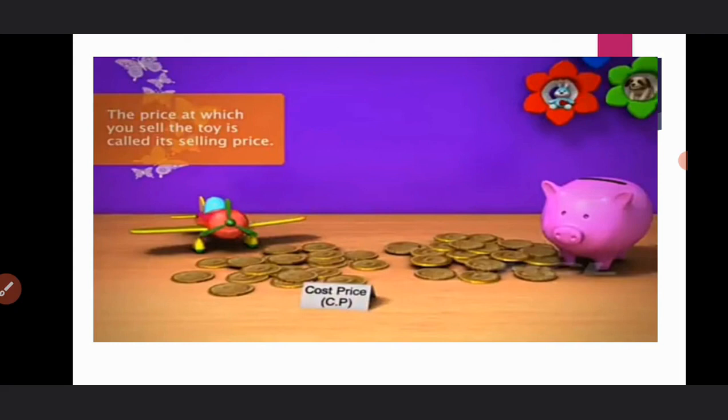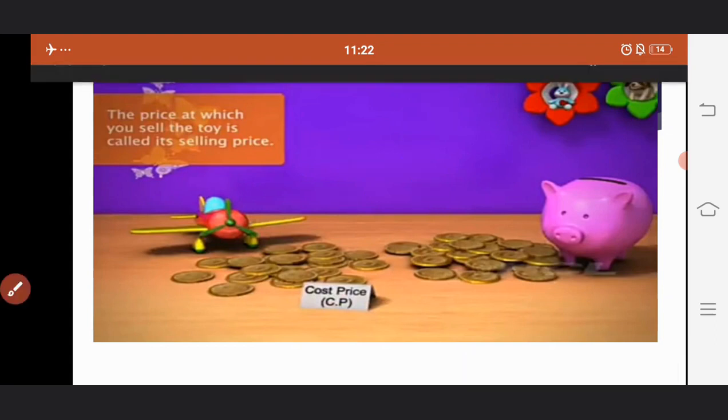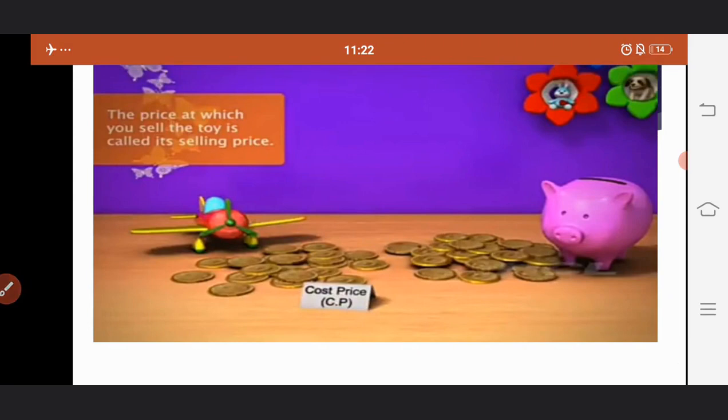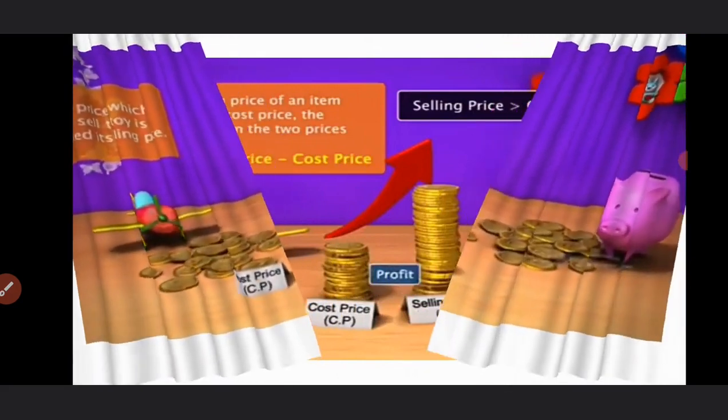That means the amount or the price at which Sam will sell the watch back to the shop will be its selling price, which is abbreviated as S.P. So cost price is abbreviated as C.P and selling price, that is the selling price of the product, is abbreviated as S.P.